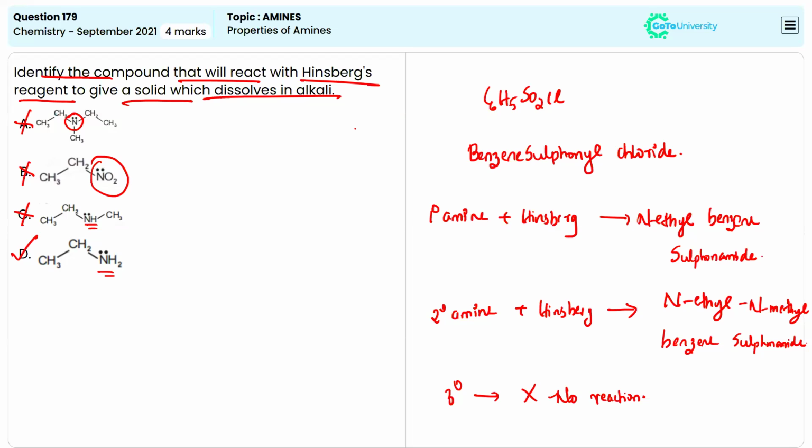So write down this. Write down the type of reactions first. Don't miss the points.